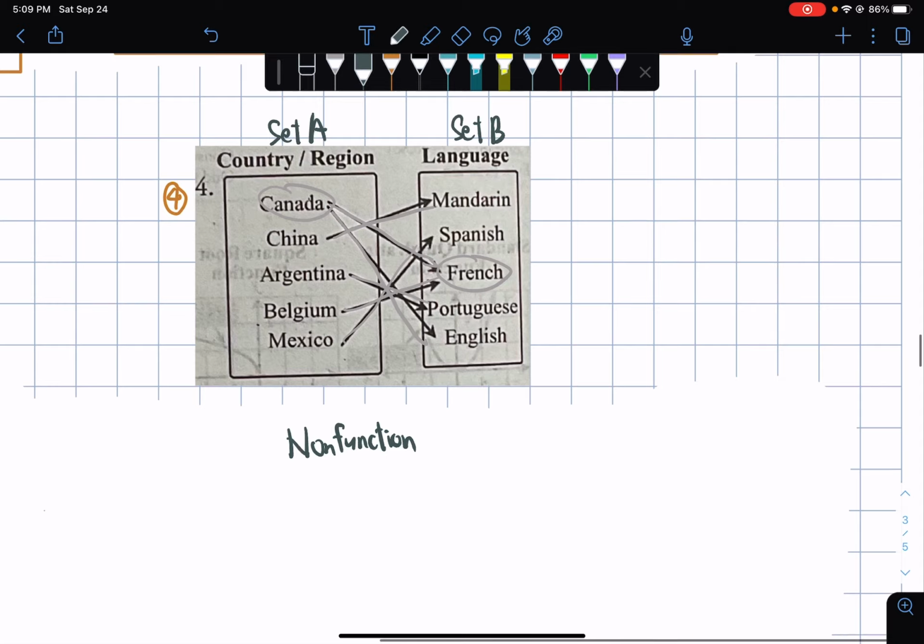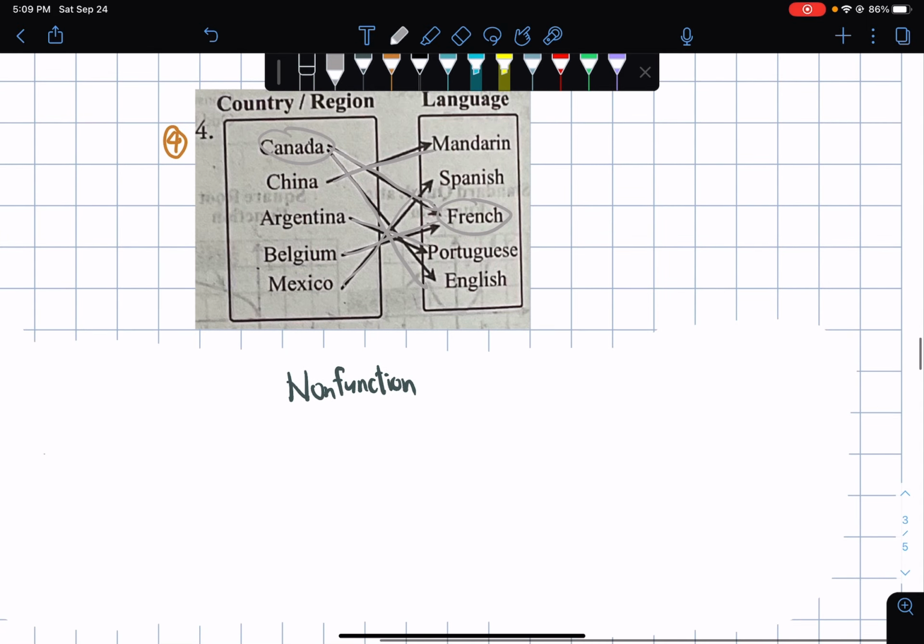So it's obviously a non-function, even though this detail usually indicates that two sets are considered a function. But then because of Canada being affiliated with French and English, this table altogether is a non-function. So yeah, I think I've already said the reason.